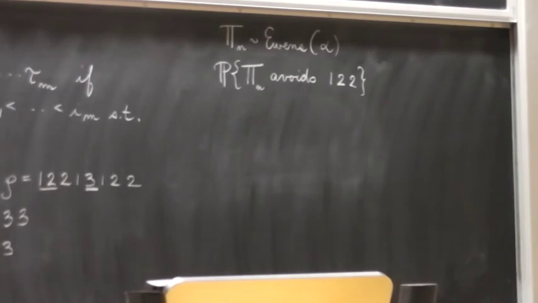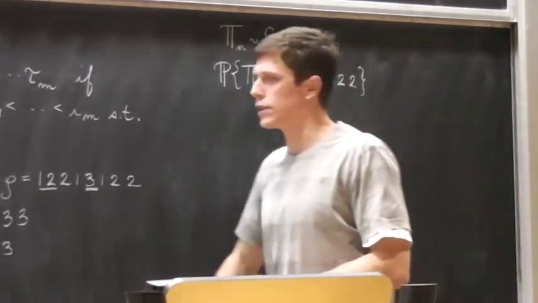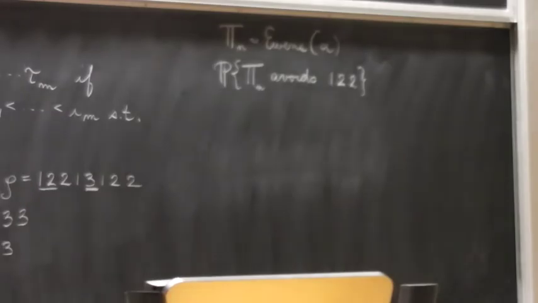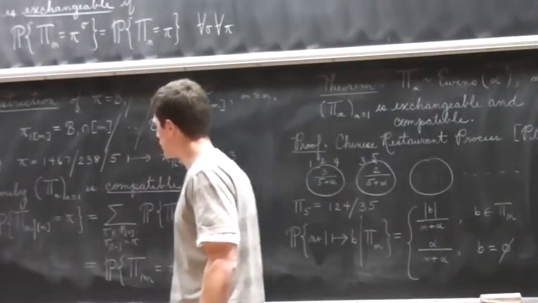Okay. So in this case, in order for a partition to avoid this pattern, what has to happen? Well, we always get a 1 at the front of the restricted growth function because of our convention that we always list the blocks in increasing order. So element 1 is always in the first block.